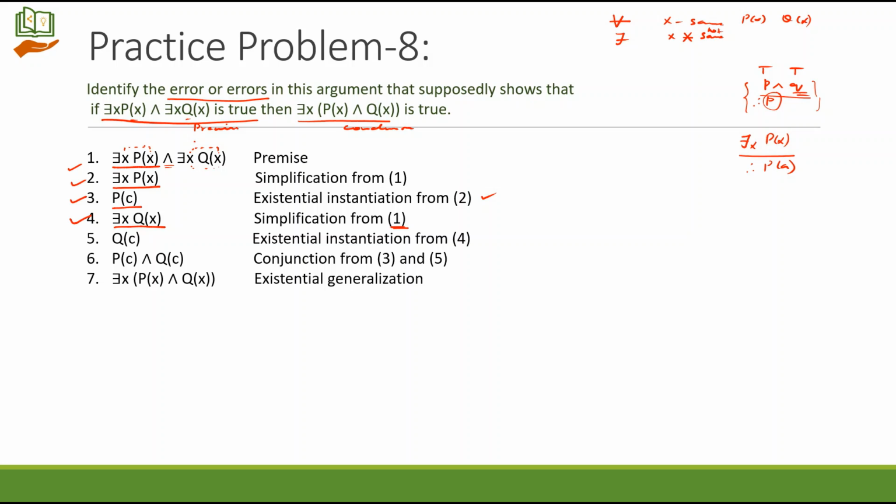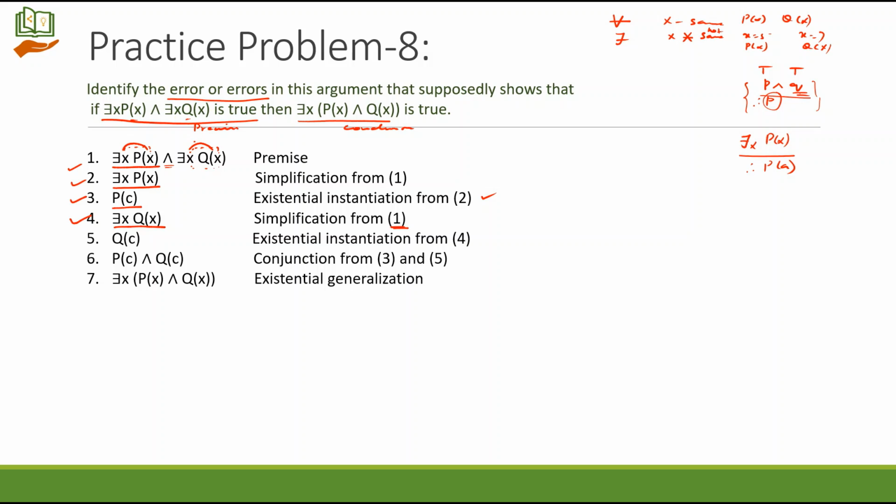So it is not equal. If I have x equal to 5 in P of x, x can be 7 in Q of x. At any cost, we cannot say that both the values will be the same because this quantification is applied only to P of x and this quantification is applied only to Q of x.